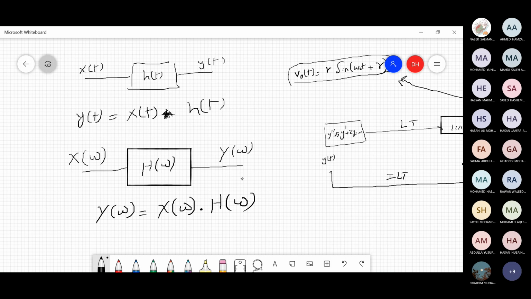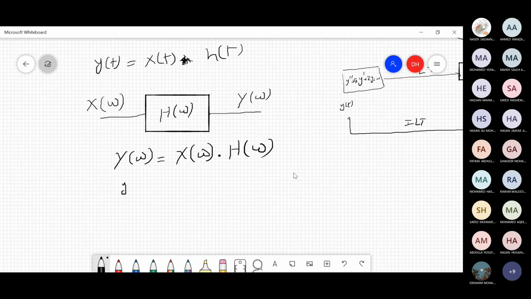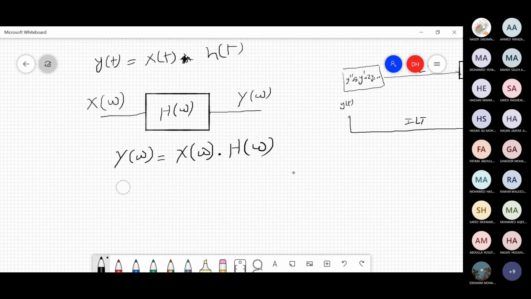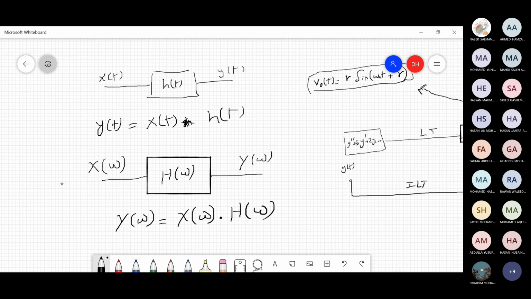But put in your mind that we want to find y of t. So we use frequency domain. Find y of t, not y of omega. So after you solve it this way, and you simplify it by using Laplace transform, by using Fourier transform, then you have just multiplication, but you get Y of omega.